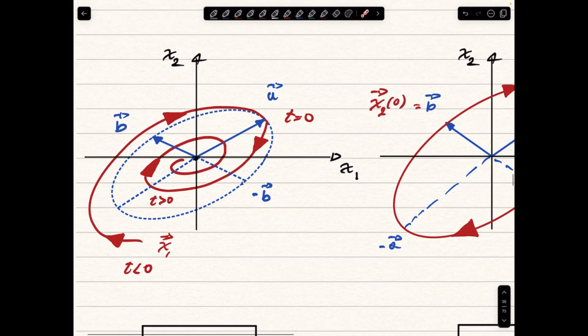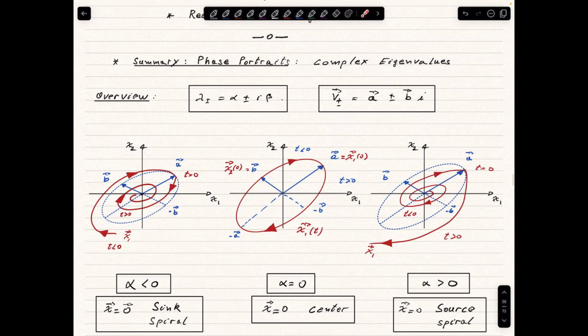So the behavior of the other solutions with other initial data, close to 0 or different from 0, is very different in this picture and in this picture. When alpha is positive, all solutions except the solution with initial data identically 0 go to infinity. And here all the solutions go towards the origin.